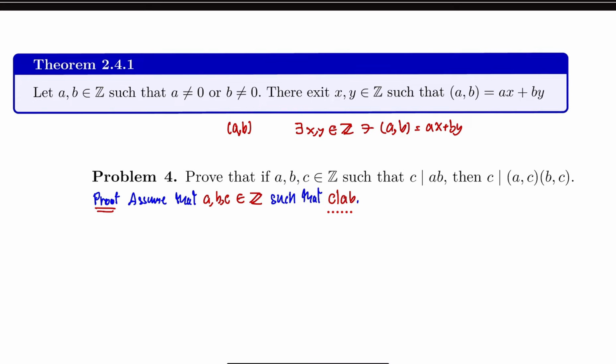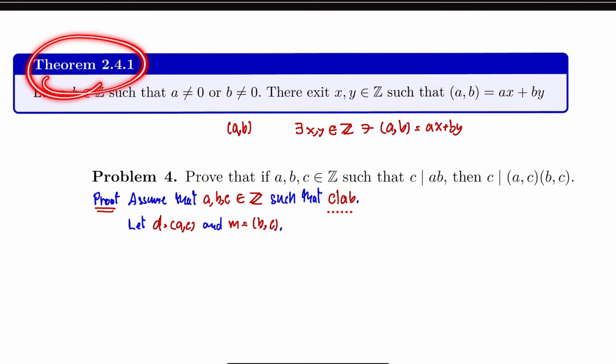Okay, so the next thing I'm going to do is to let d be the greatest common divisor of ac and m be the greatest common divisor of bc. Then we apply theorem 2.4.1. So by theorem 2.4.1, what do we have?